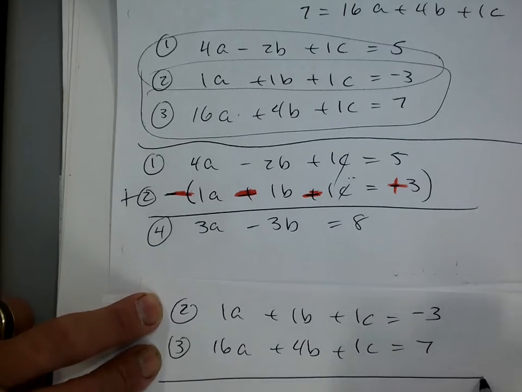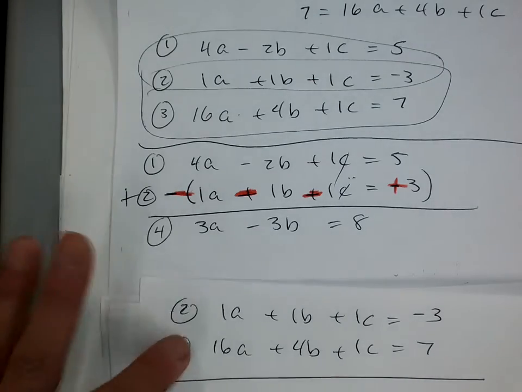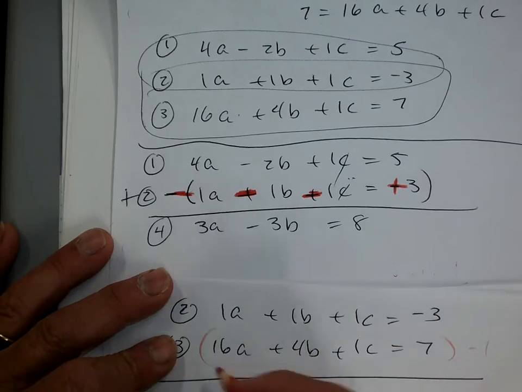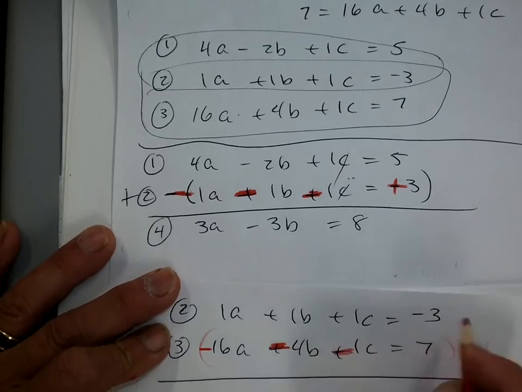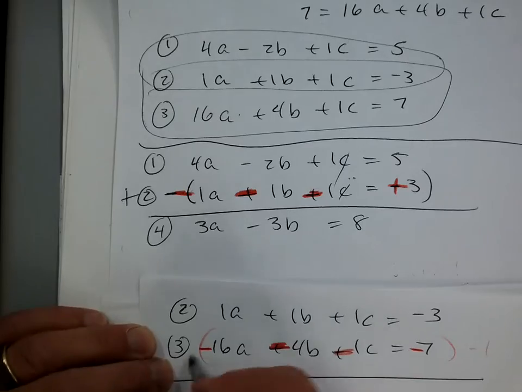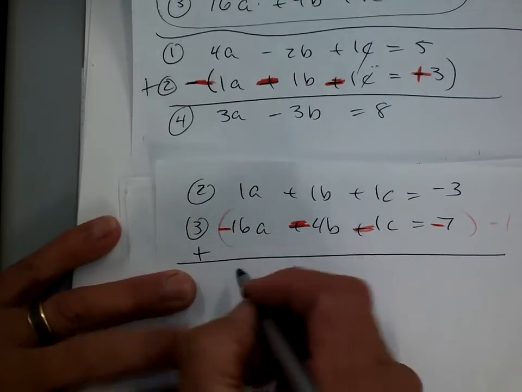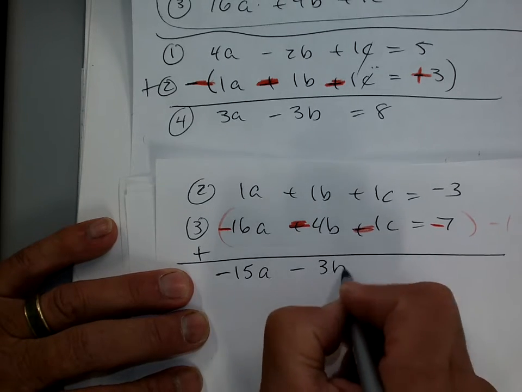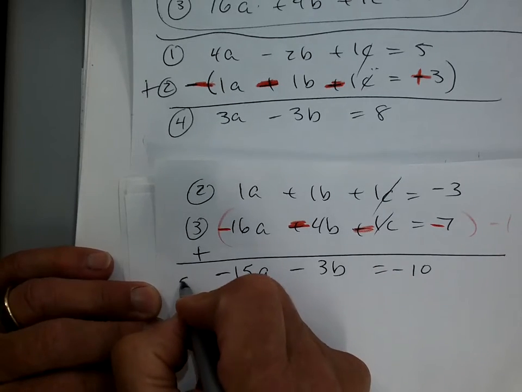I'm going to subtract. To make it easy, I'll just bring through a negative 1. I'll multiply it by negative 1. So I'll make it a negative 16, negative, negative, and a negative 7. It's like subtracting. I'll just bring through the negative 1, and I'll add. I'll get negative 15a minus 3b, the c's cancel, equals negative 10. Equation 5.